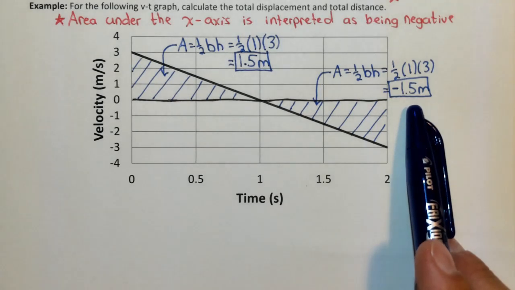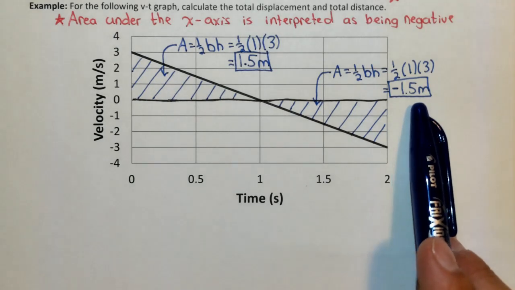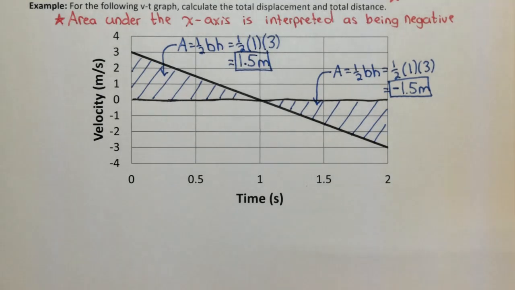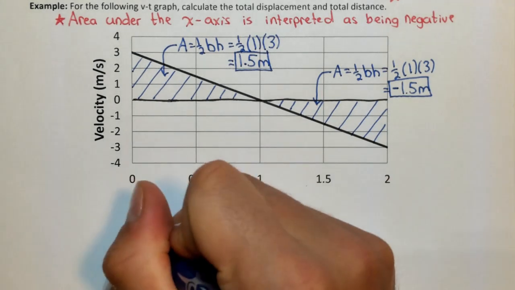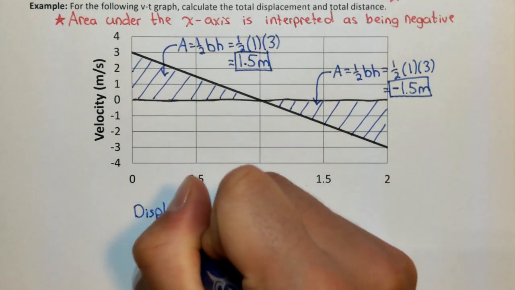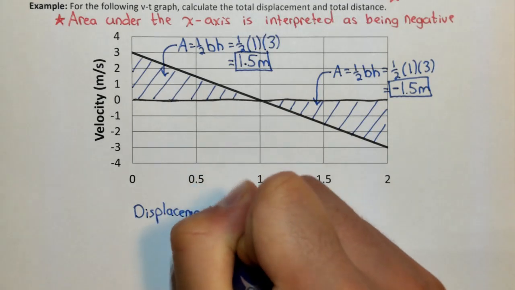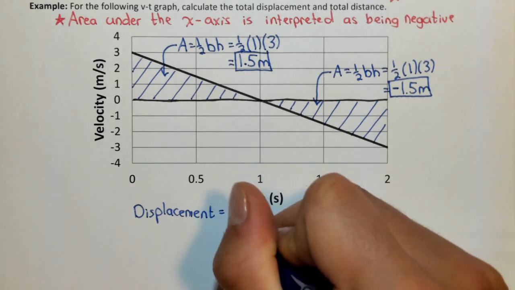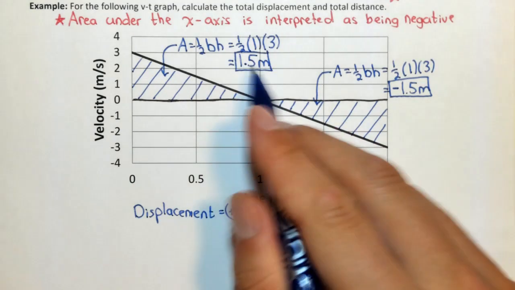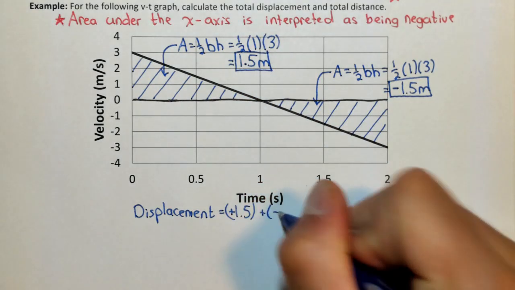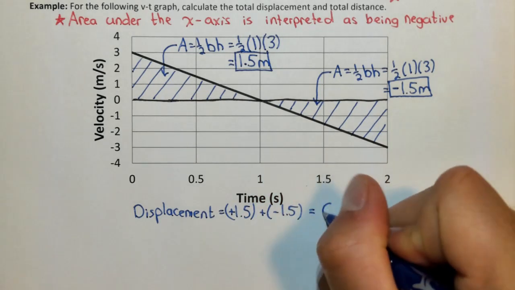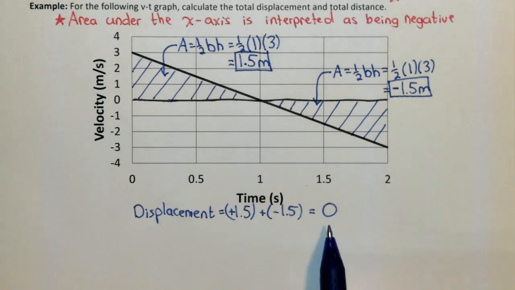And since displacement is a straight arrow from start to finish, an object that starts and finishes in the same place has a displacement of 0. So I've got a positive 1.5, that's that displacement, and then a negative 1.5, that displacement, equals 0. The displacement of the object is 0.